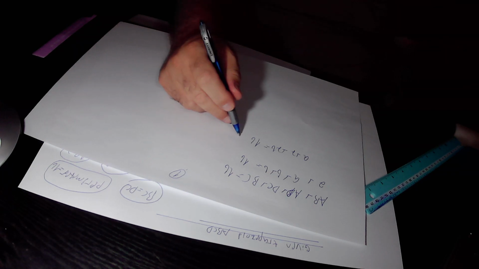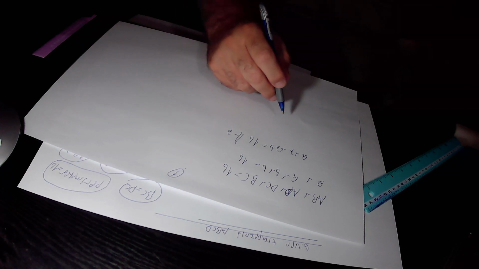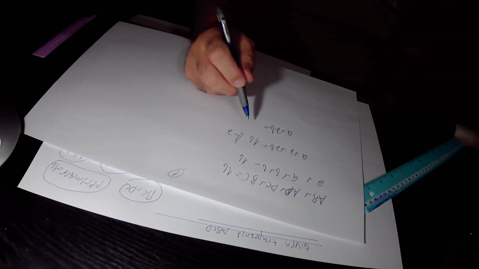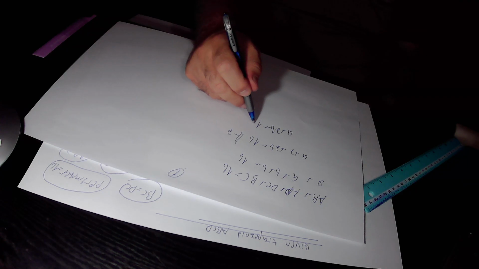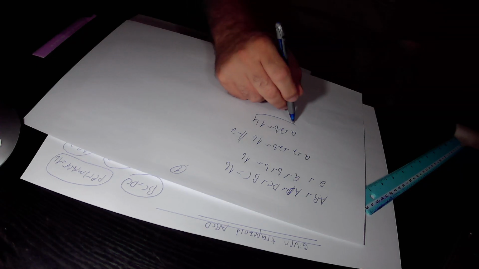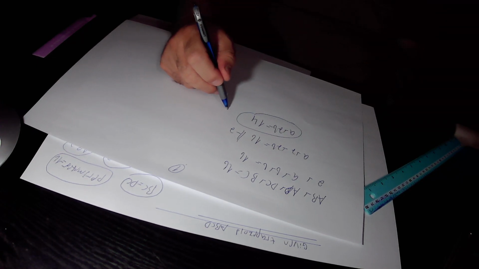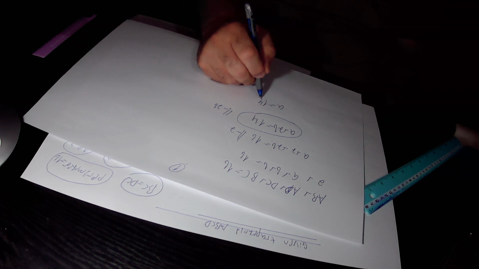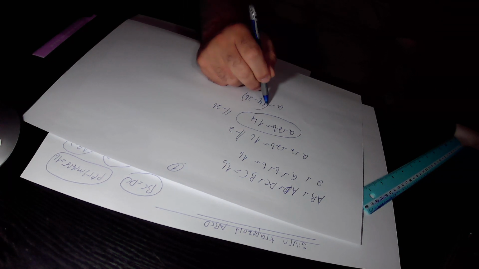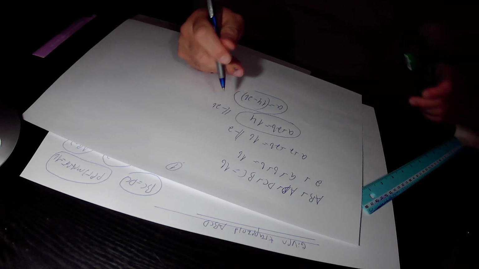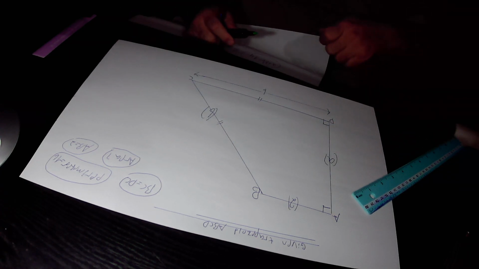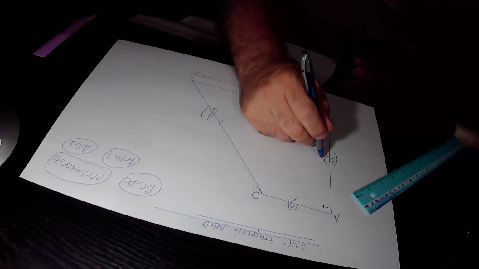Here we subtract 2 from this equation and get that A plus 2B is equal to 16 minus 2, which is 14. So A plus 2B equals 14. Now we subtract 2B from this equation and we get that A equals 14 minus 2B. So A, the length of side AD, is equal to 14 minus 2B units.